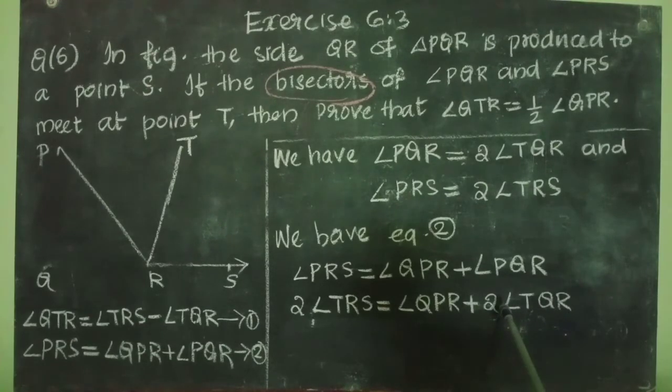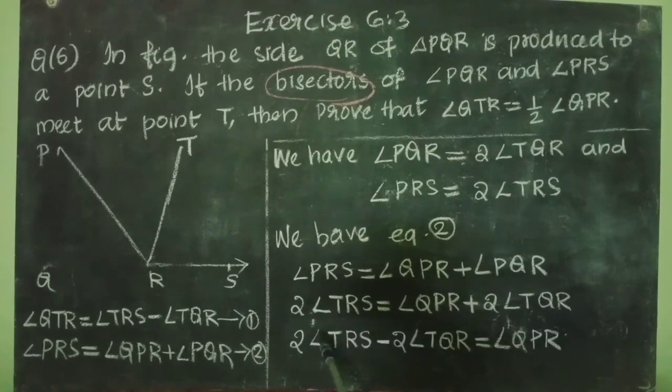Now let us take this 2 angle TQR to the left side. So we get 2 angle TRS minus 2 angle TQR equals angle QPR.